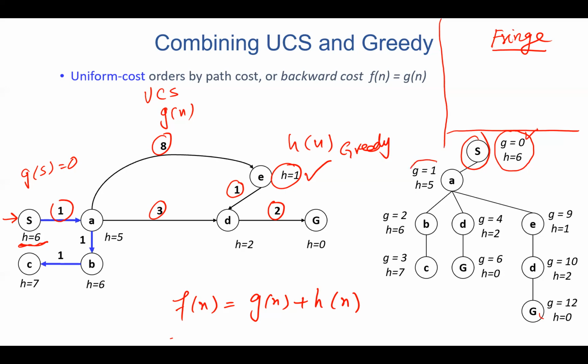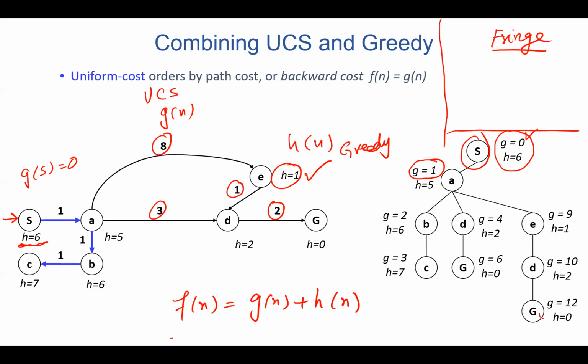All right, we get to A, and then we look at uniform cost search. It looks at the lowest G of n and then makes a move. And so now from A, it can go either to B, D, or E.